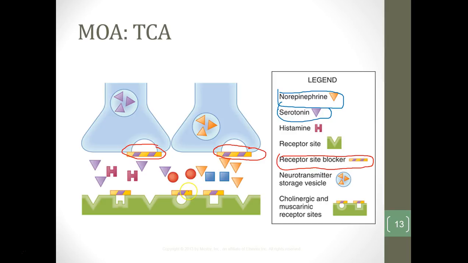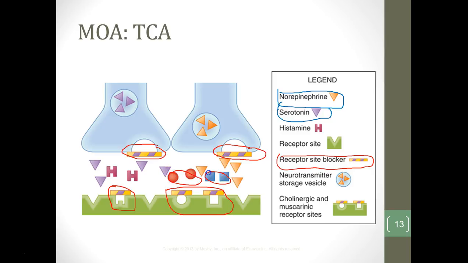It also will block the access for the histamine. So we see that that H would fit right down in there, and also block the other neurotransmitters, the cholinergic and muscarinic receptors. So these are blocked.